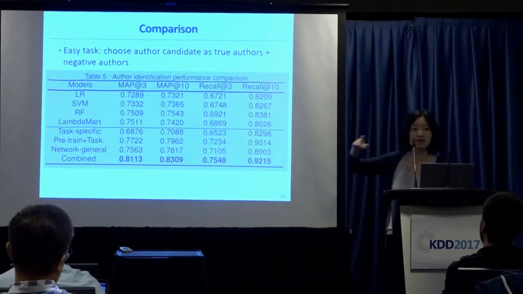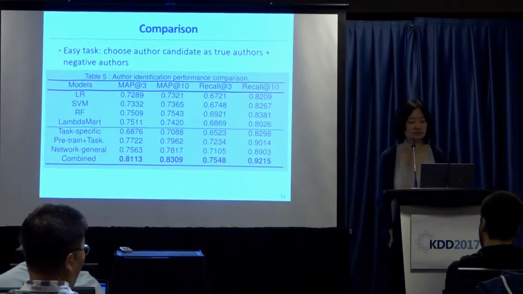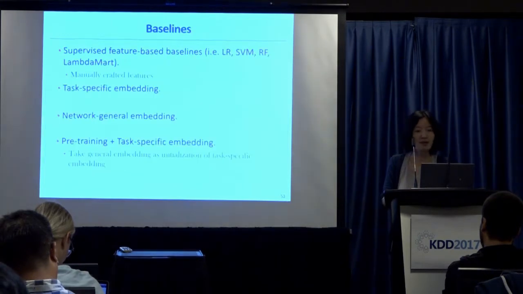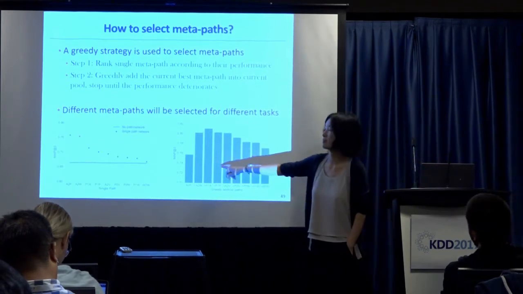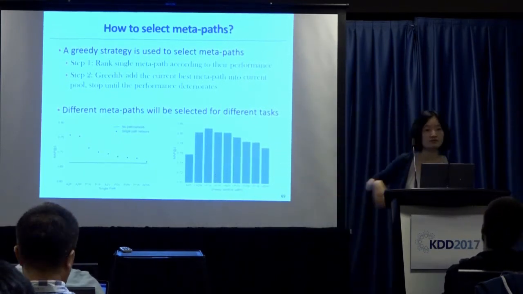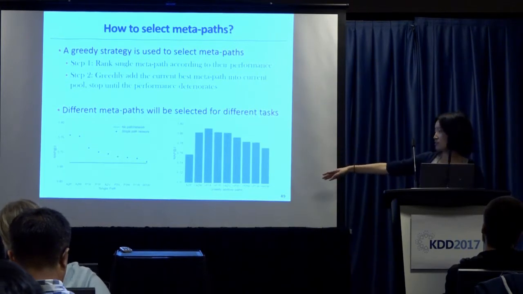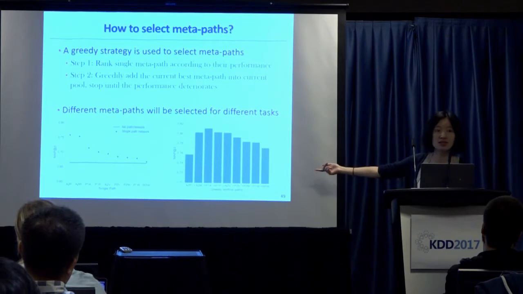I just want to be sure: in the data where you are measuring the performance, how many candidate links, how many metapaths, are you considering? Essentially, we consider this many metapaths in the candidate pool. You can use some heuristic or length constraint to determine your candidate pool.